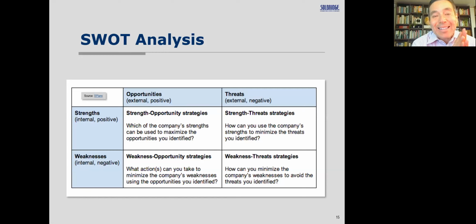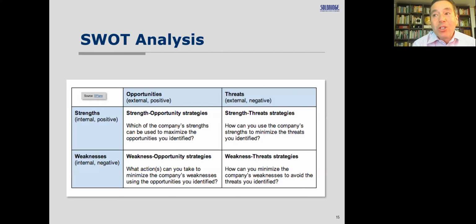So SWOT analysis, which is a summary for strengths, weaknesses, opportunities, threats, is a very common framework for corporate strategy and marketing strategy.